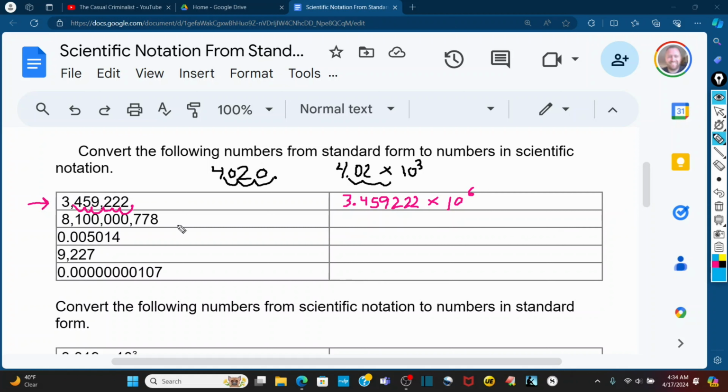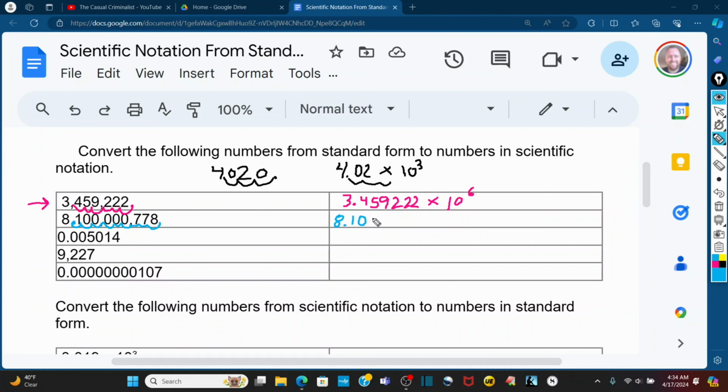All right, let's take a look at this next one here. Again, we're going to do the same process. So we have our decimal point here, and we have to move 1, 2, 3, 4, 5, 6, 7, 8, 9. So we moved 9 decimal places. So we're going to write the number as 8.1, and then we have 5 zeros.